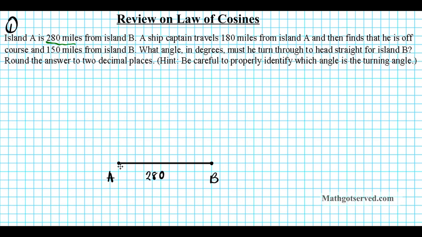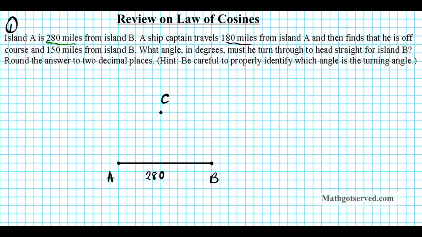And the ship captain originated from island A and headed 180 miles to some direction before he came to the realization that he's off course. Alright, so let's say that this is a point somewhere here where the captain realized that he's off course. How about we call that point C?